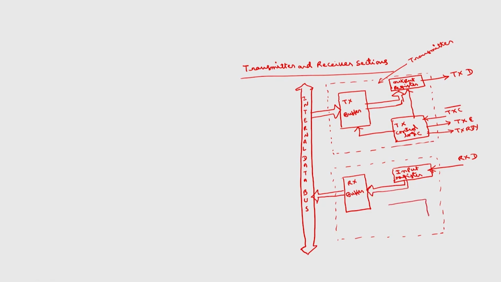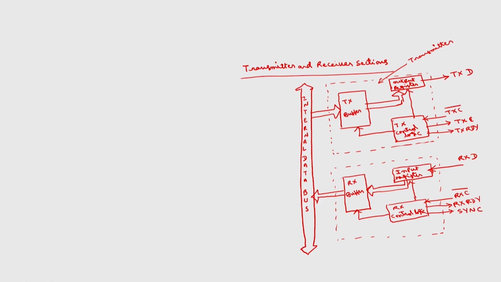Then we have the receiver control logic. The signals are: receive clock, active low signal, receiver ready, and then we have the sync signal.